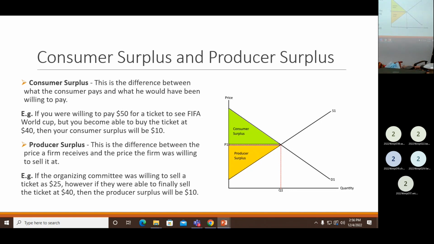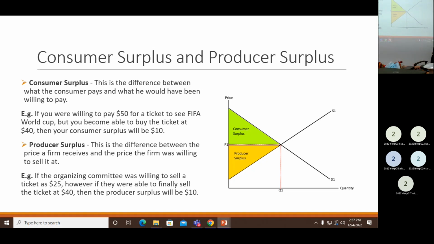Consumer surplus, producer surplus, have you come across it before? What does it mean? Consumer surplus means the difference between what the consumer pays and what he would have been willing to pay.